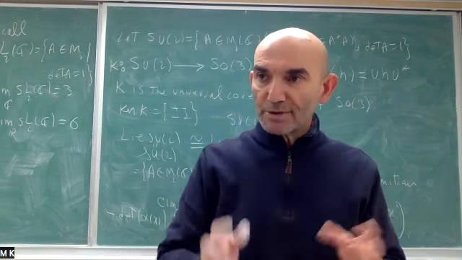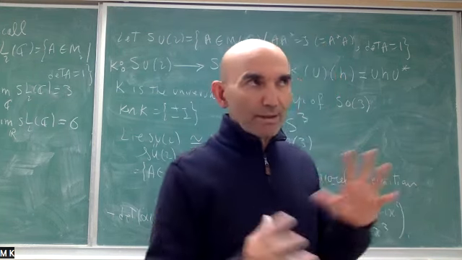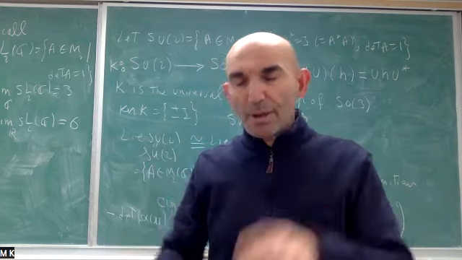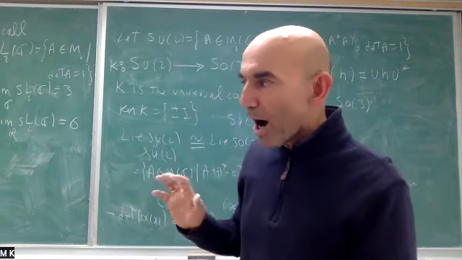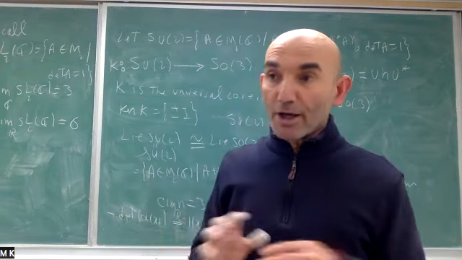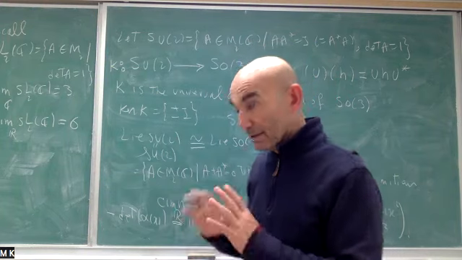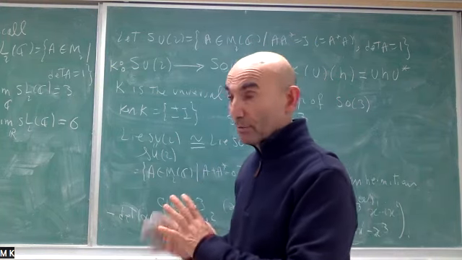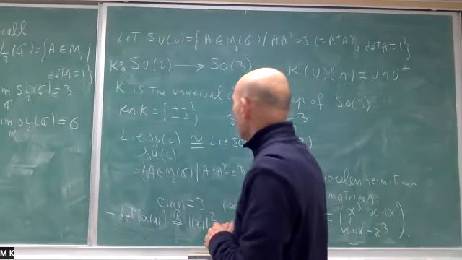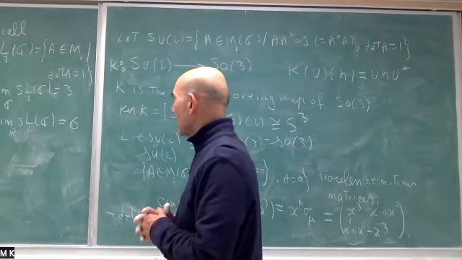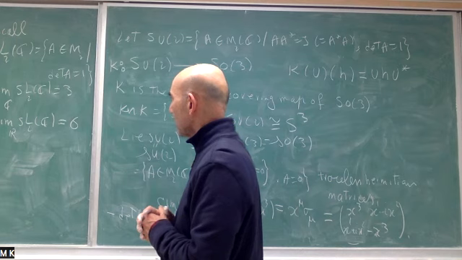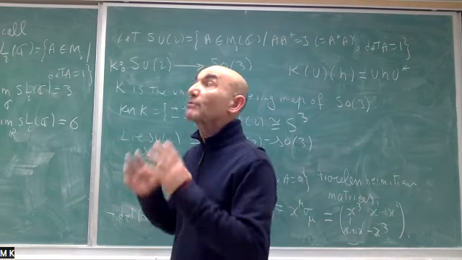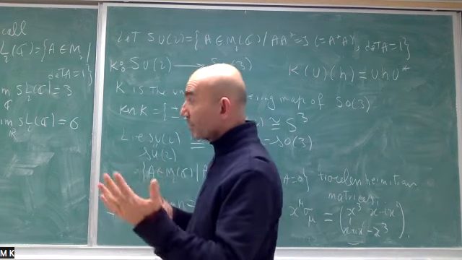So there are 3 boosts and 3 rotations, and they define 6 generators of the Lie algebra, and with some ingenious multiplication by i, everything works. Without i, nothing works. So the isomorphism is not true over the real numbers, it's true over the complex numbers. And that's the first step towards understanding finite dimensional representations of the Lie algebra of the Lorentz group, complexified, complex representations.